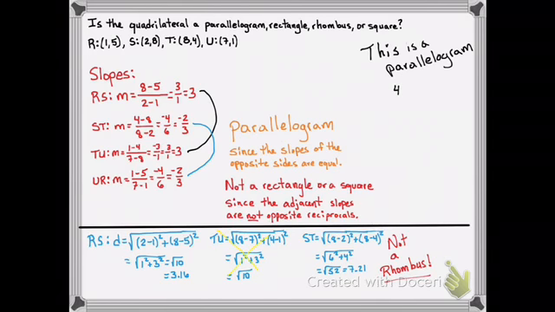So we need 4 slopes and 2 distances, or I need 2 distances and 4 slopes. If I don't have that, I can't give you full credit, so make sure you're doing the appropriate work. Then you'll be able to determine what type it is. If it's a triangle, you've got to do all 3, slopes and distances.